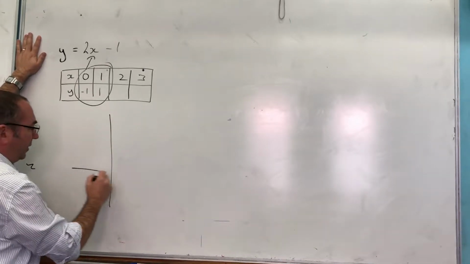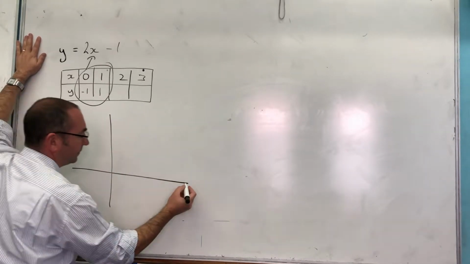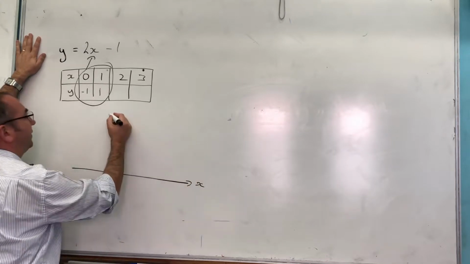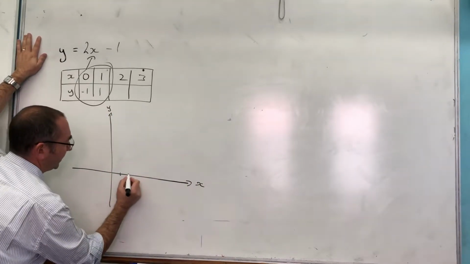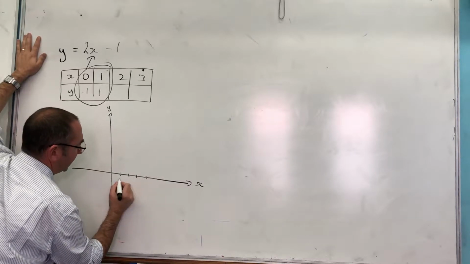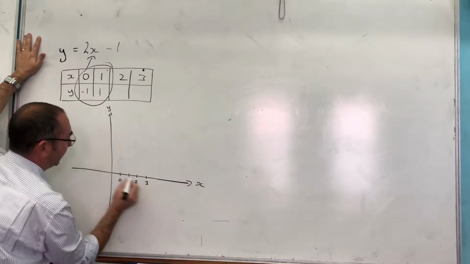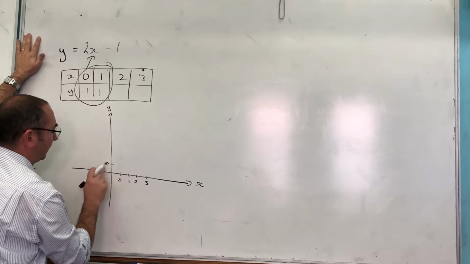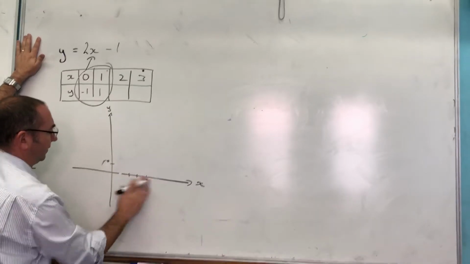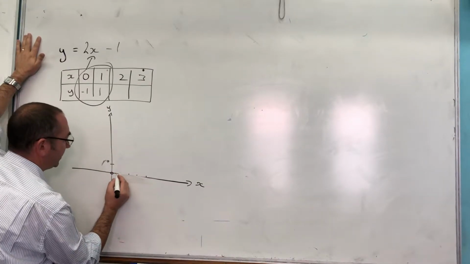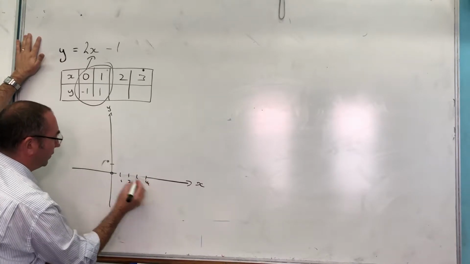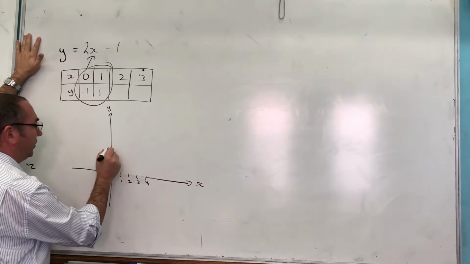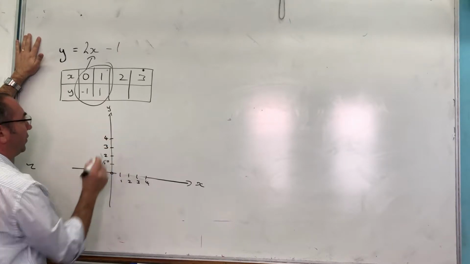And if you do up your graph with the x values and the y values, and we just sketch it, 0, 1, 2, 3. So 0 is there at the origin, 1, 2, 3, 4, 1, 2, 3, 4.